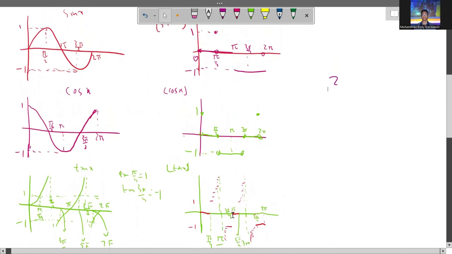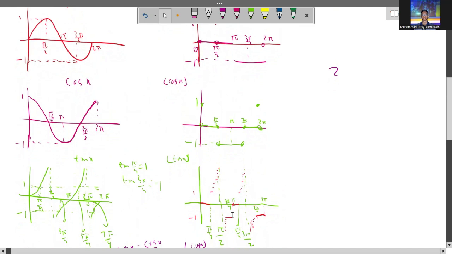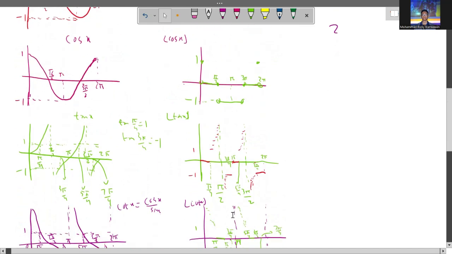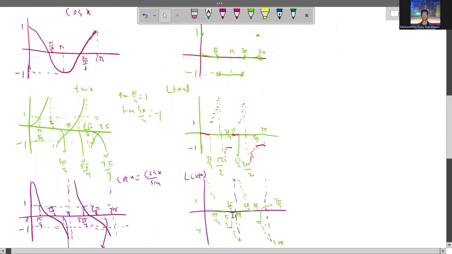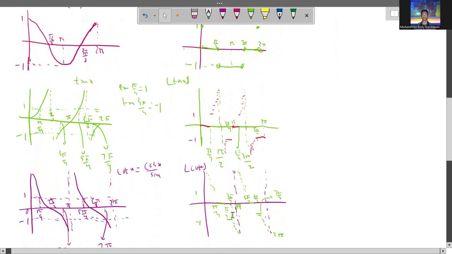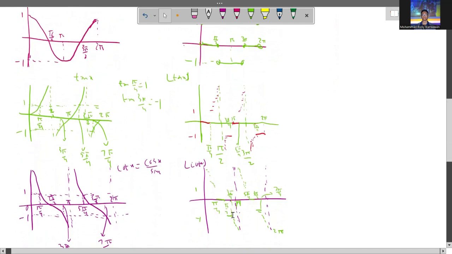Wait a second. Oh, and then for cotangent of x, it is -1. Okay, I hope you didn't lose track of what it said.